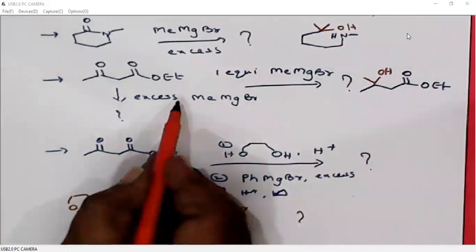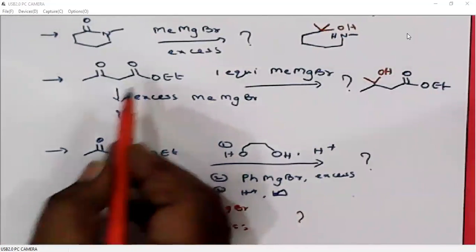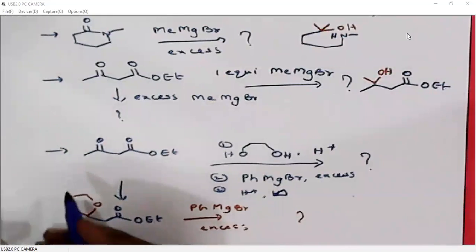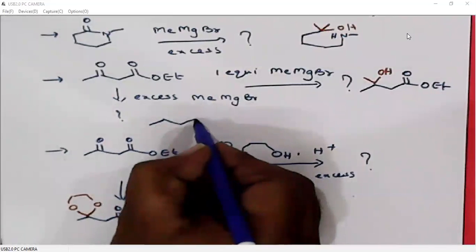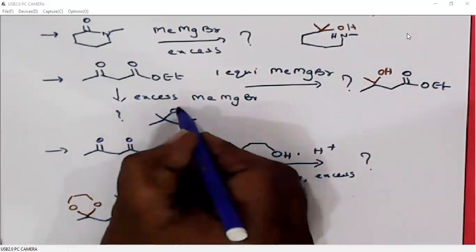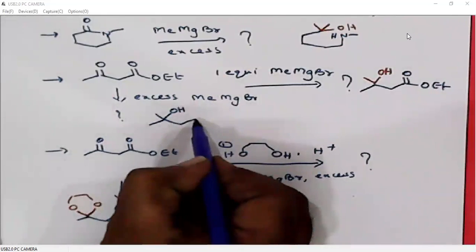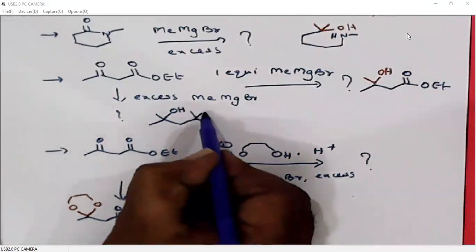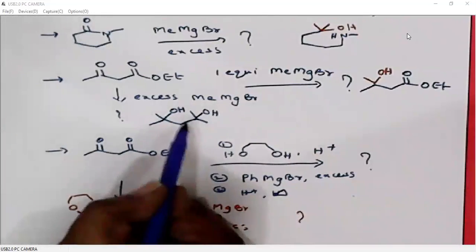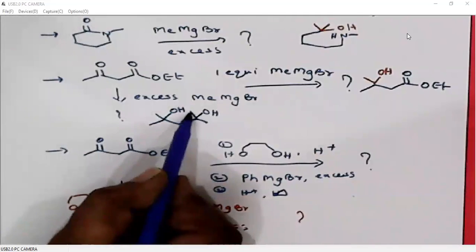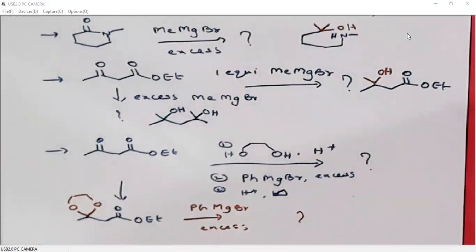But when we use excess amount of Grignard reagent, then ester also is involved in Grignard addition. If ketone is involved in Grignard addition, this is the product. If ester is involved, of course we can add two equivalents of Grignard reagent on ester. So what we will get is this tertiary alcohol.